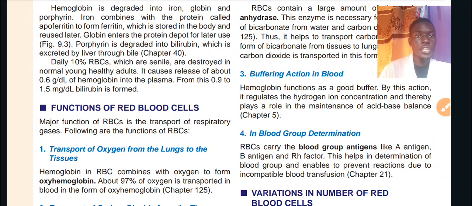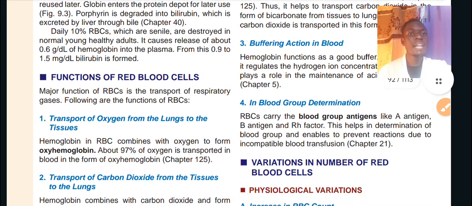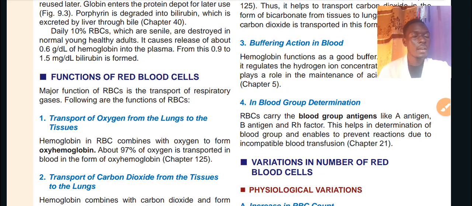What are some of the functions of the red blood cells? The red blood cells transport oxygen, mainly from the lungs to the tissues, and they transport it in the form of oxyhemoglobin, and this is actually about 93%.